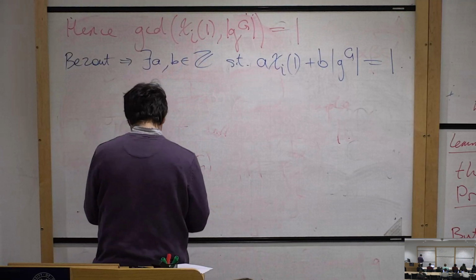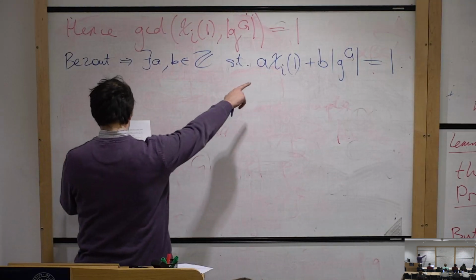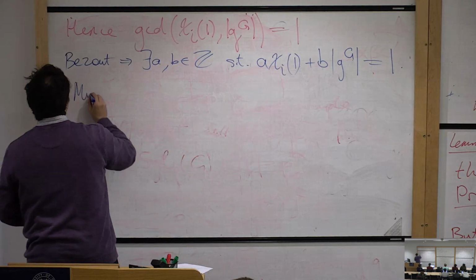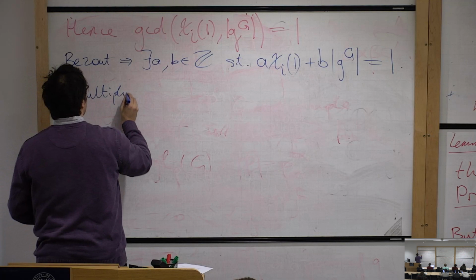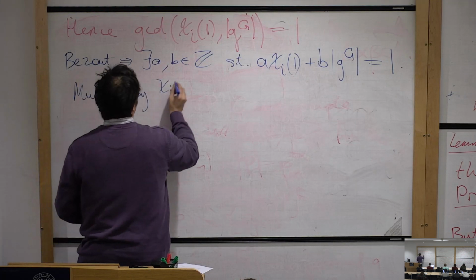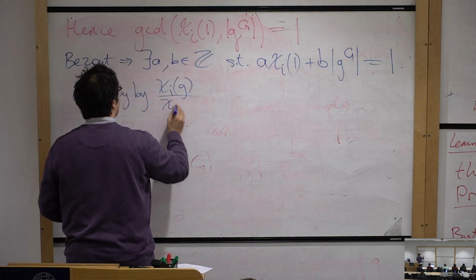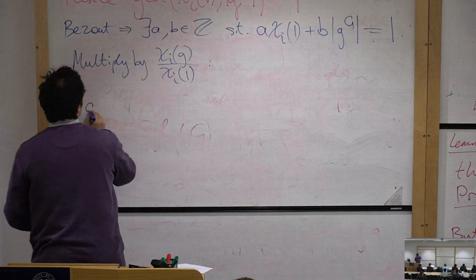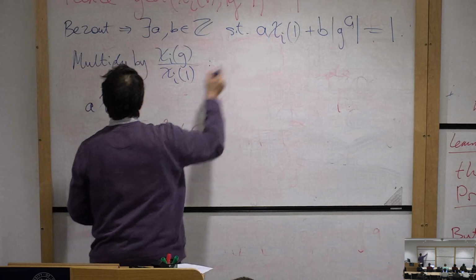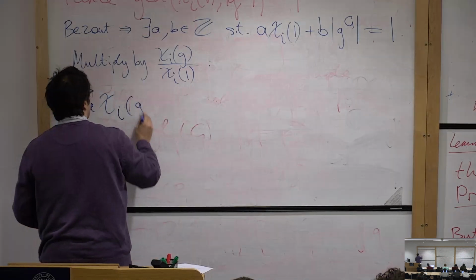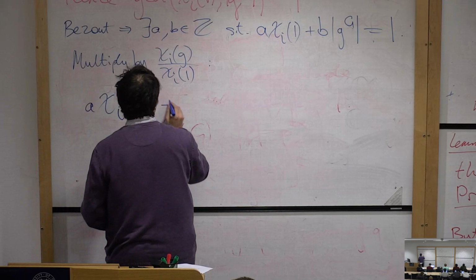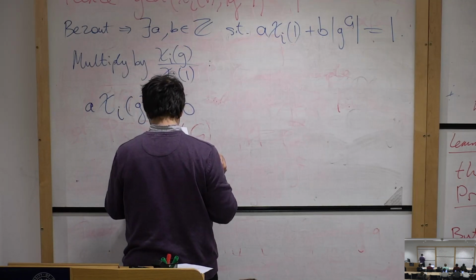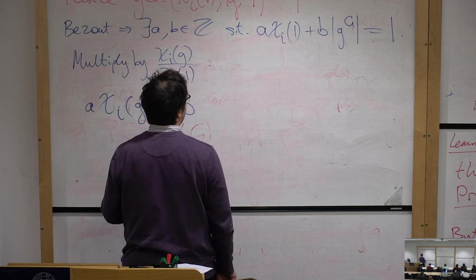Hence, you multiply this equation by chi I of g over chi I of 1, the character degree. I will get, so the first number gets replaced by the character value. The second number, I've got my a's and b's switched around.